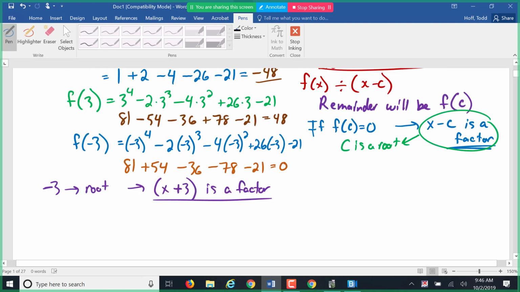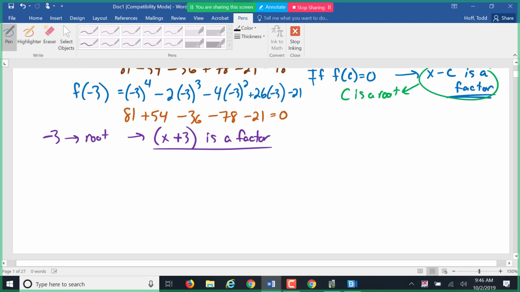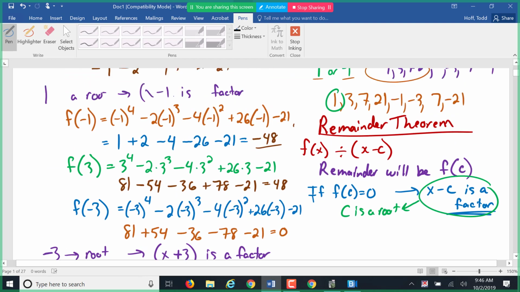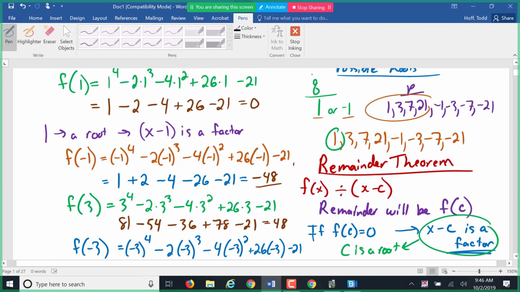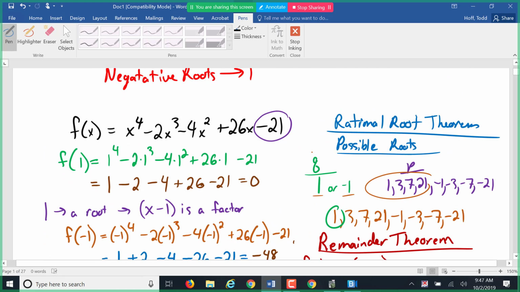So what I'm going to do is divide, since I have two factors. So I have one positive and one negative root. I either have two more positive roots or those two roots are imaginary. Rather than testing out a bunch more numbers, I'm going to divide out the two roots I already have. The reason I'm doing that is this was x to the fourth, fourth degree.